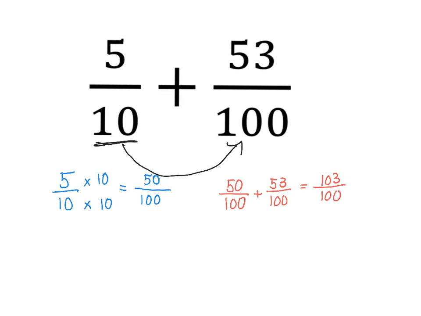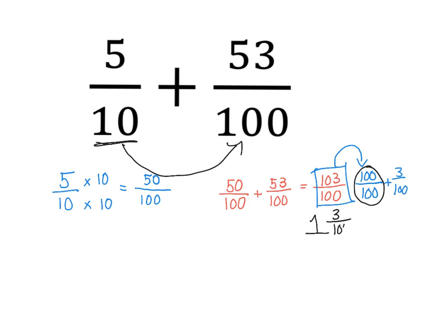All right, now this fraction is improper, so we've got to pull out the wholes. Well, there is only one whole in that improper fraction, and we're left with 3 hundredths. So we have one whole and 3 hundredths left over.